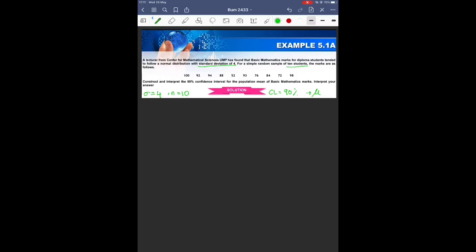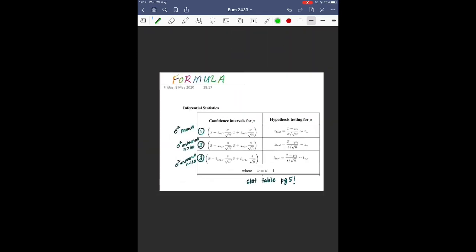To estimate one population mean, we have three formulas. Which formula do we want to use? Go to your stat table, page 5 and look at the confidence interval for one mu. From the question, sigma equals 4, which means our sigma square equals 16.